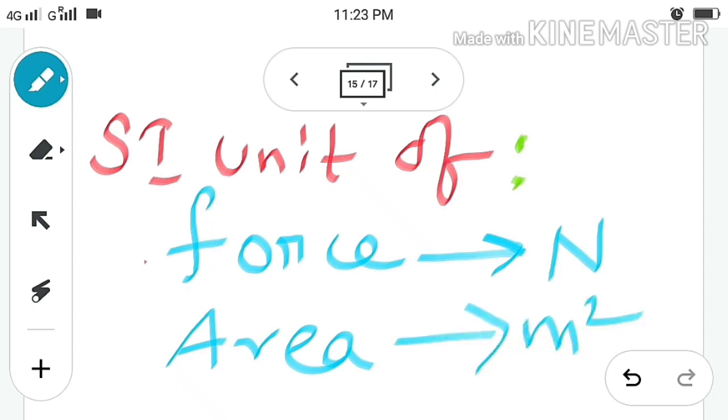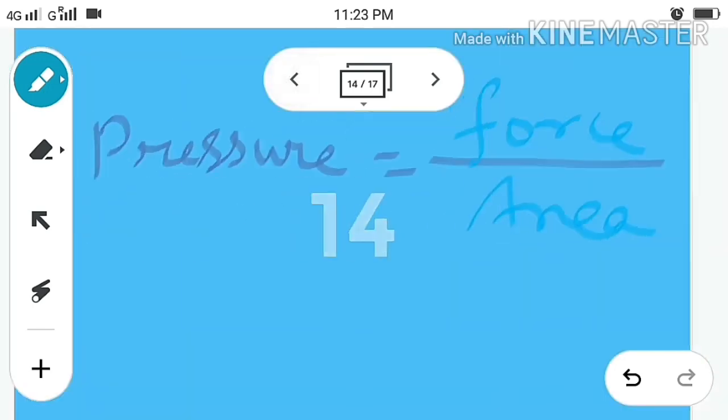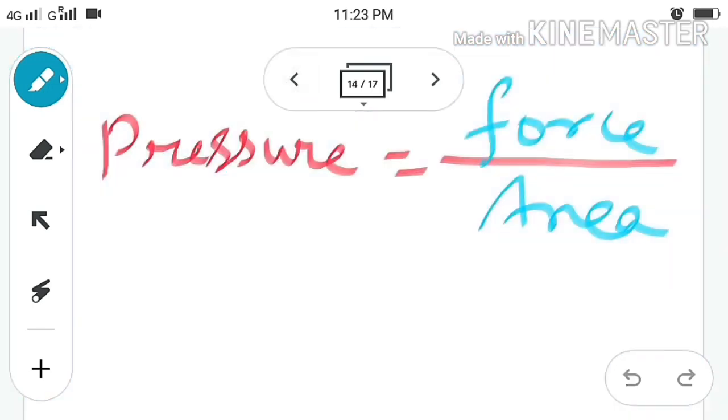Now, let us write these units back. So, what can I write here? Newton per meter square. So, we can see that Newton per meter square is the derived unit for pressure, whereas Pascal is the SI unit of pressure.